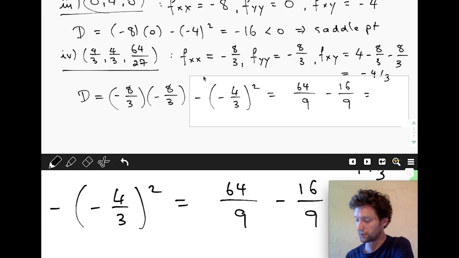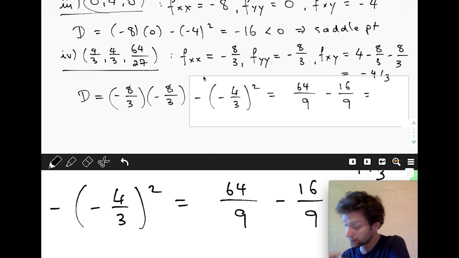And that's going to be equal to 64 minus 16, which is 48 over 9, which is a positive number.